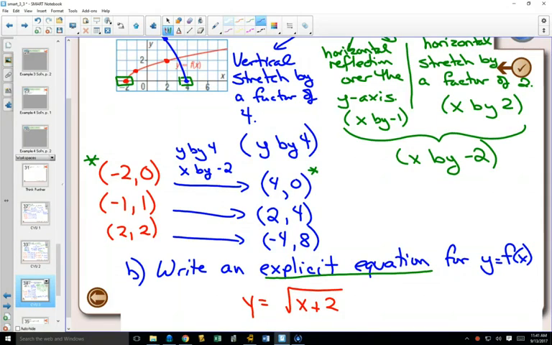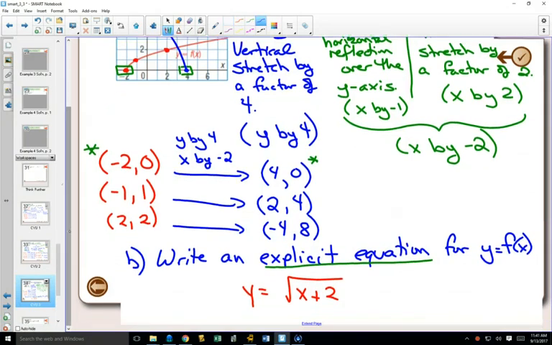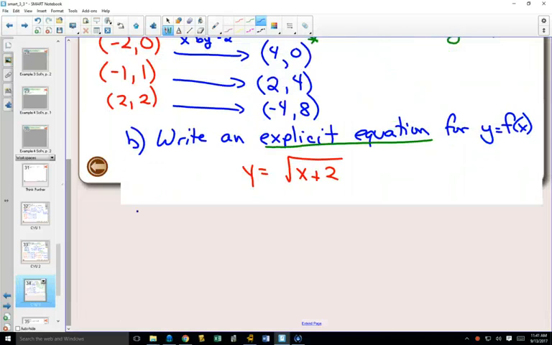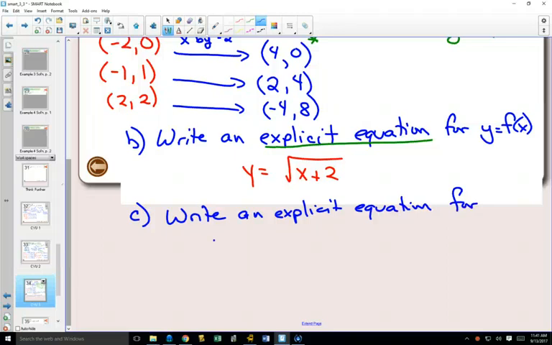And then part C, I want to write an explicit equation for y equals, and the one that we had was 4f of -0.5x.